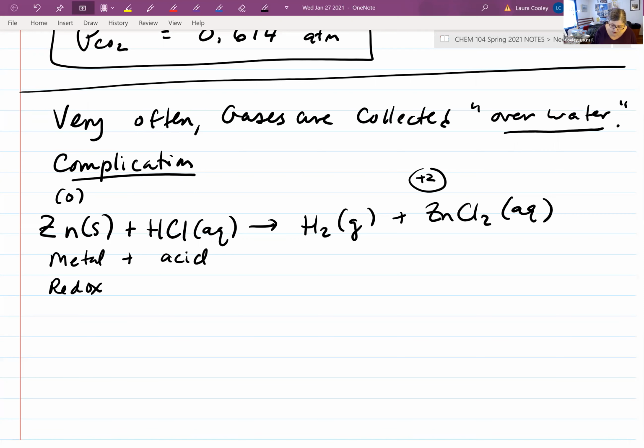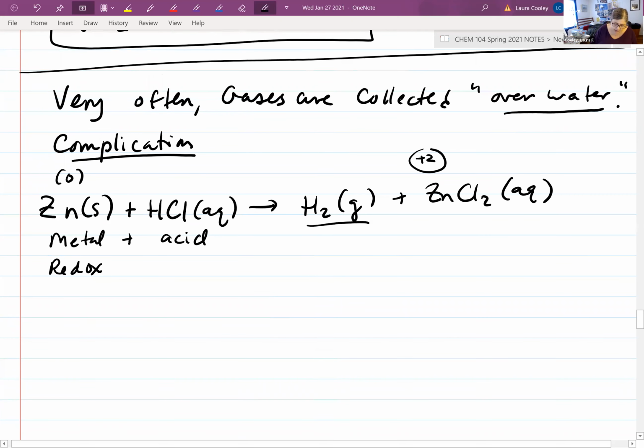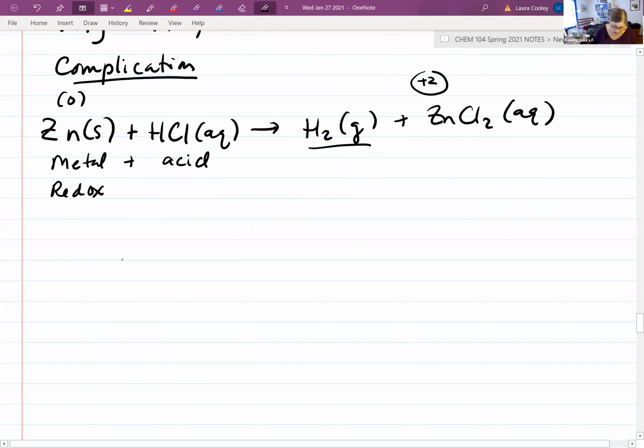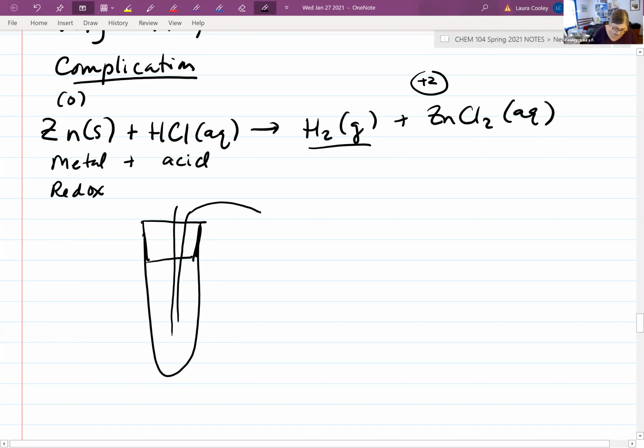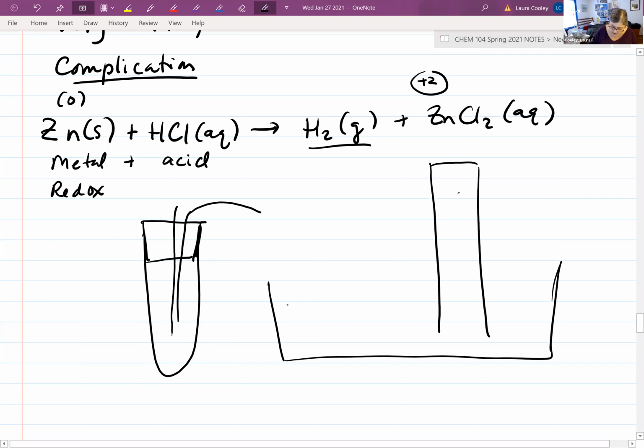Anyway, H2 is the gas that's going to be collected, and you could run this experiment by taking a large test tube with a stopper that has a hole in it that you could put a piece of tubing through. Then you could invert something like a graduated cylinder into a pan of water, and the water would fill the cylinder.